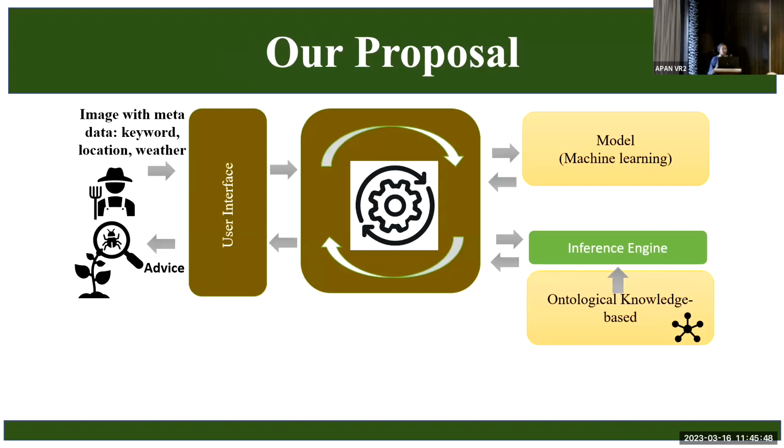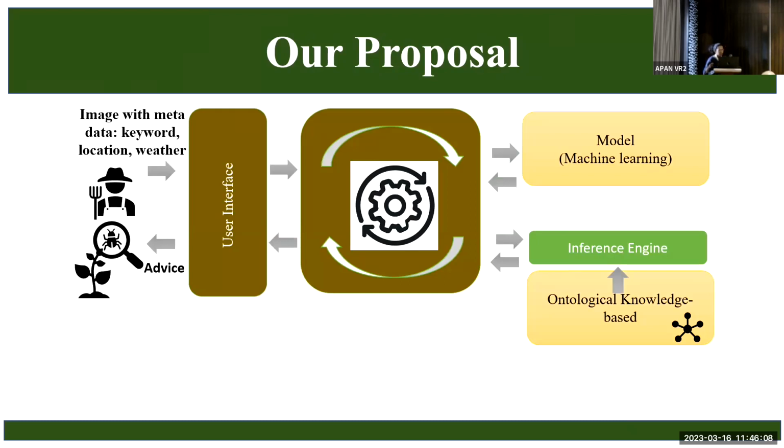Because farmers are very familiar with taking photos, through our application we thought to add a function that lets farmers take photos, tag the image with keywords and other details, and send the pictures to the system.